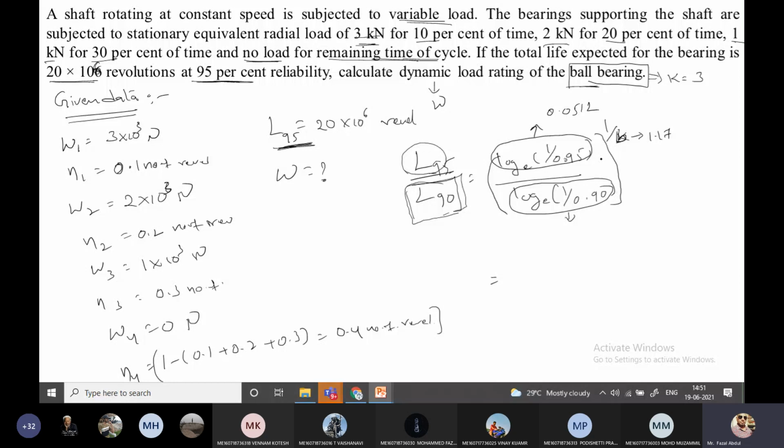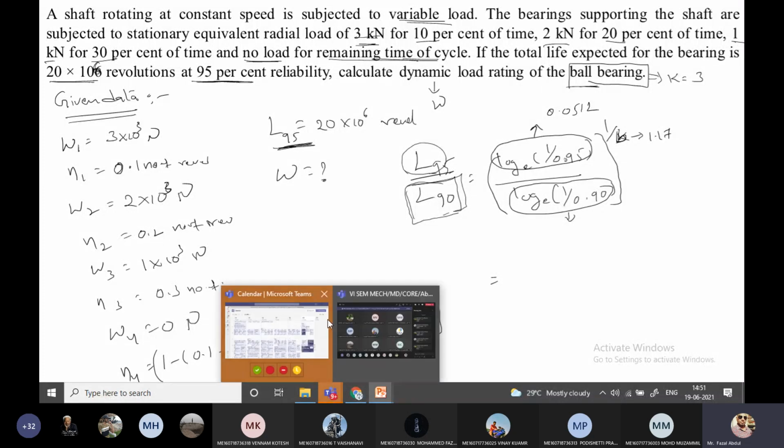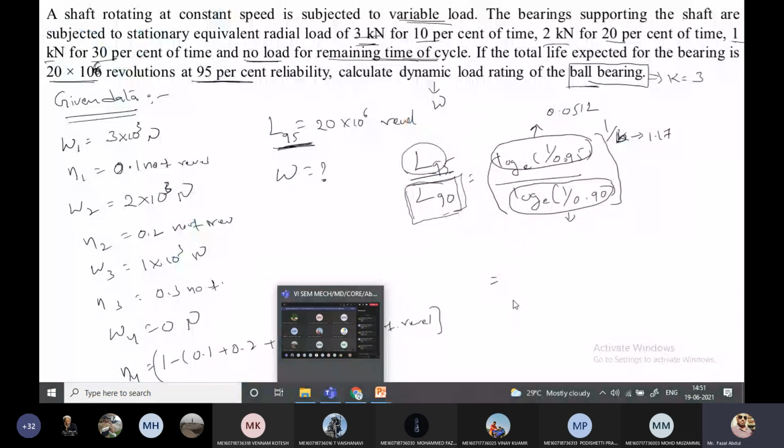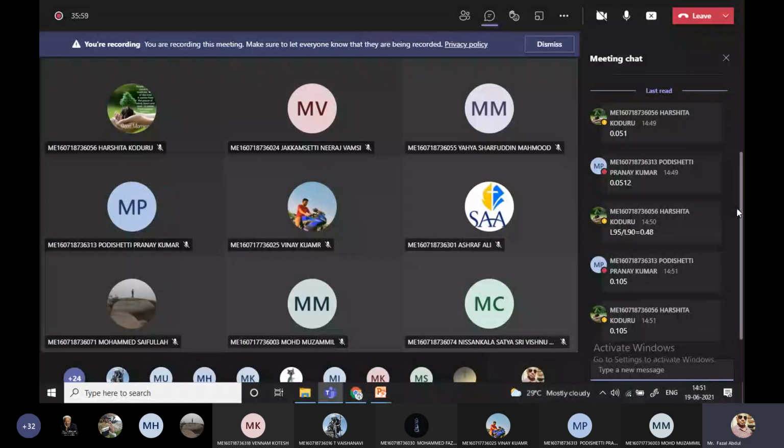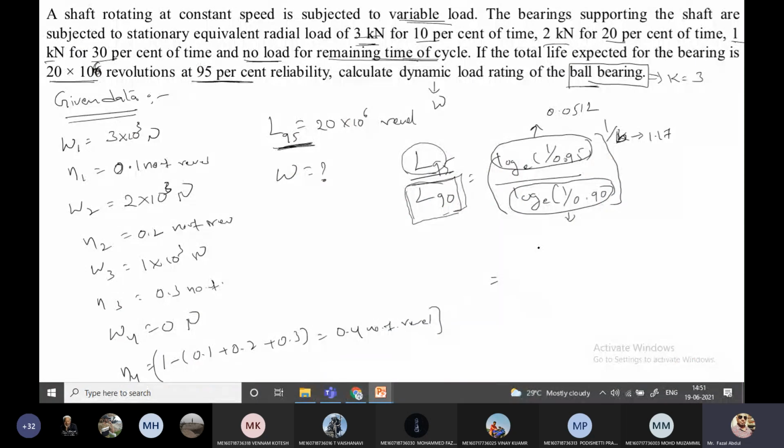The first value is correct. The bottom value, the denominator value, log e of 1 by 0.90, how much? 0.105. Very good. Sorry, once again, 0.105.